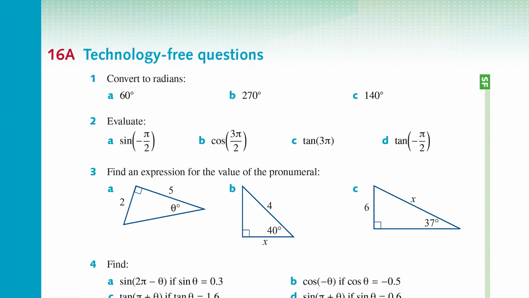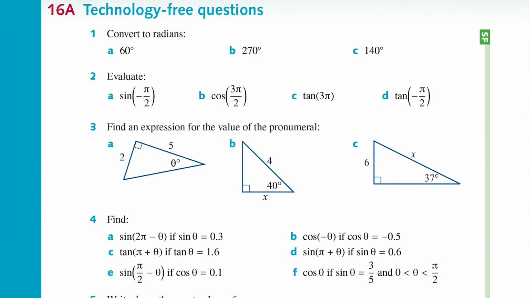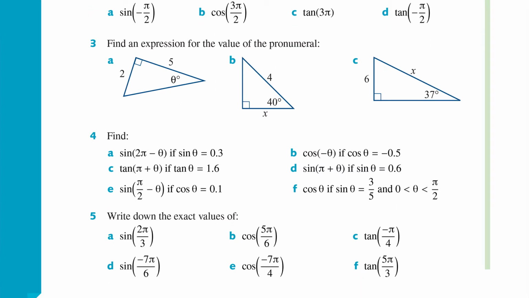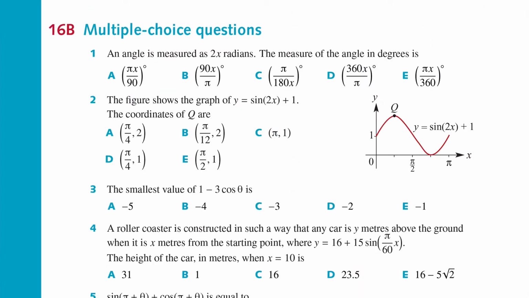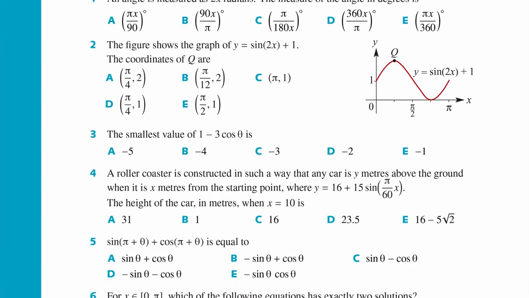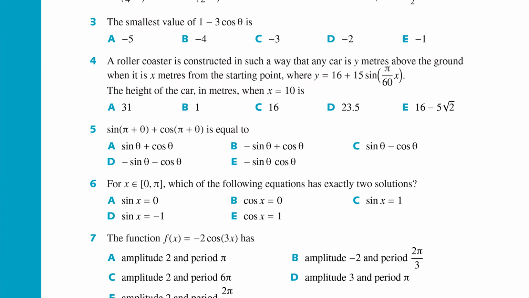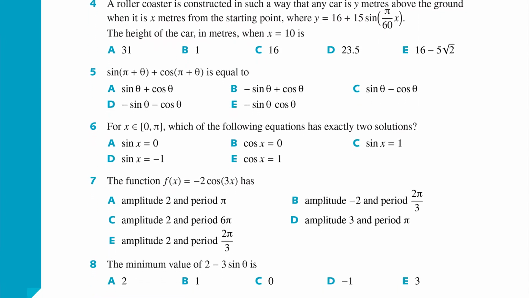There's the technology free section, just like the students are going to be exposed to as they enter 11 and 12. My understanding of the syllabus, I don't think they're supposed to be using or exposed to multiple choice questions in the internal assessment, but I think the external exam does require them to answer multiple choice. So there's examples there as well.